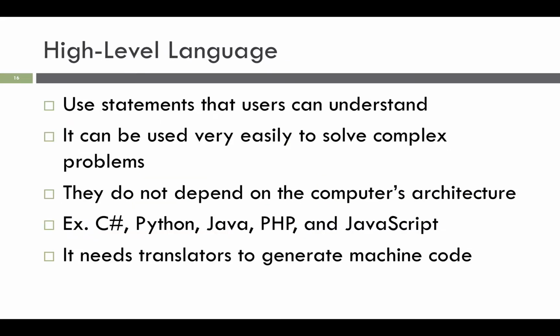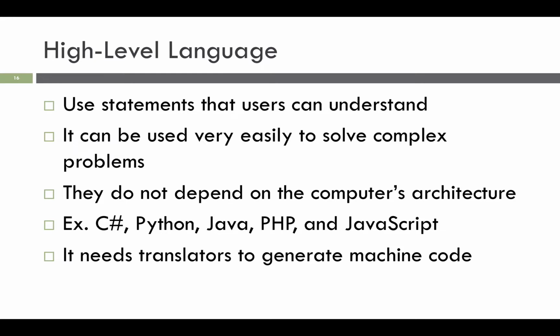High-level languages use statements and words that programmers can understand. Programmers use high-level languages to easily solve complex problems since they can focus only on what they want to do, not on specific codes required to directly control the hardware.